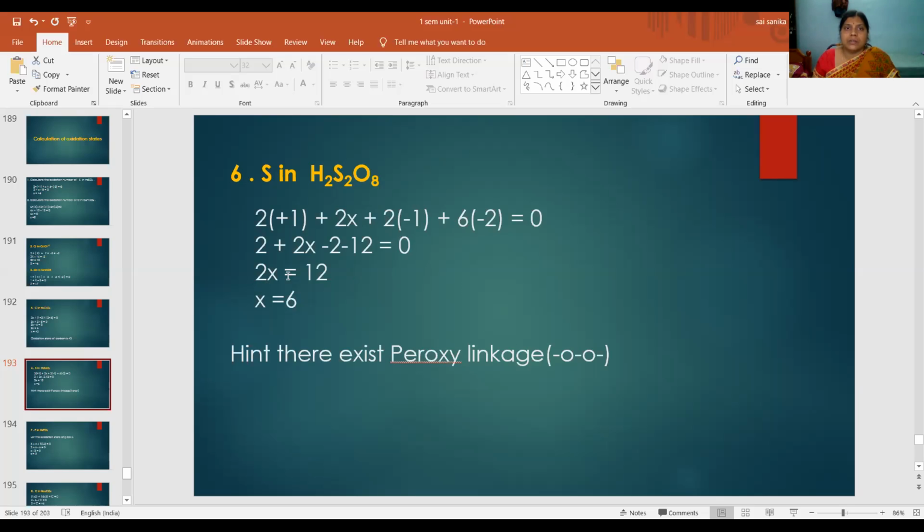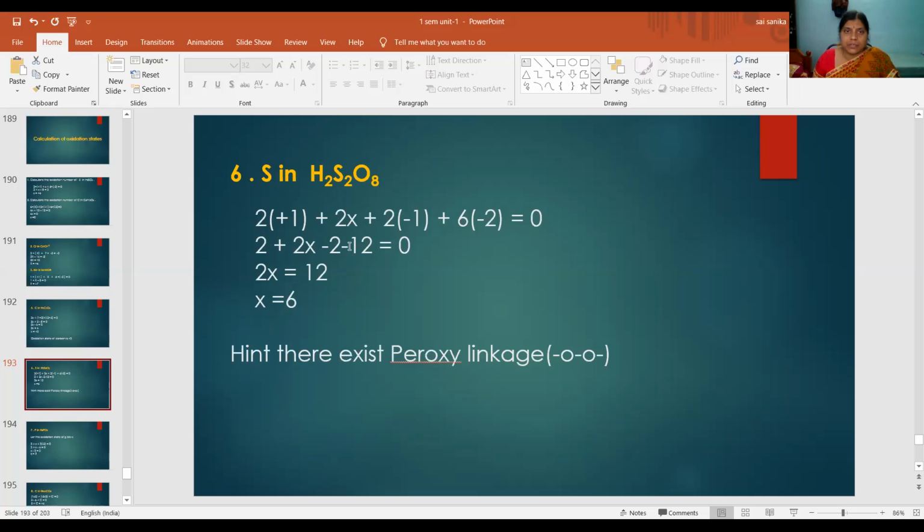Then 2x is equal to minus 14 plus 12, this is minus 2... Minus 12 will come this side as plus 12, then x is equal to 12 by 2, that is plus 6. This is simplification, understood?